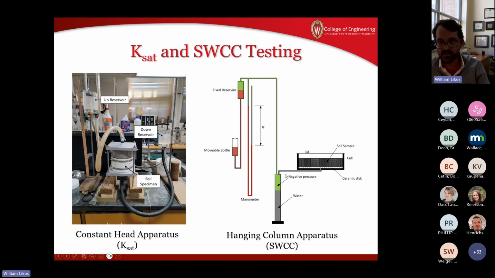The horizontal tube coming out of the bottom of the cell has an air-water interface in it that when we pull that negative air pressure, we're converting that to a negative water pressure and pulling it out of the soil. And we can measure the volume of water that we are extracting from the soil by monitoring the movement of that air-water interface.